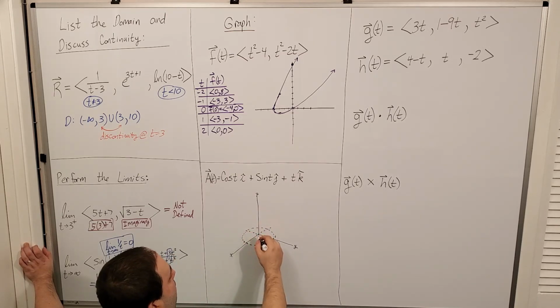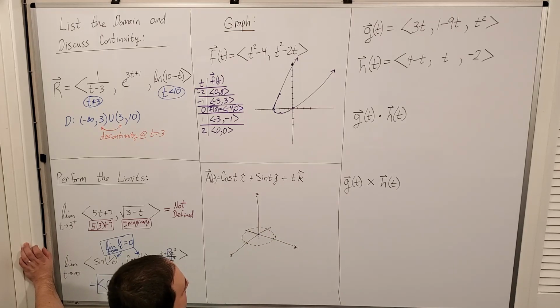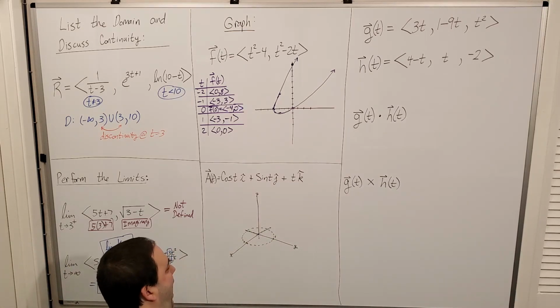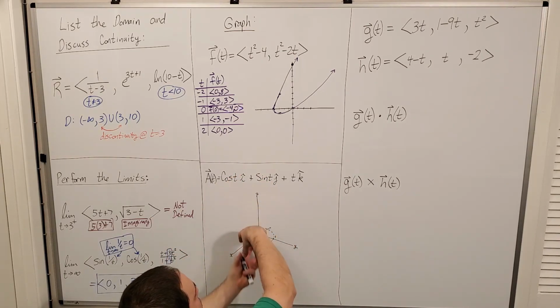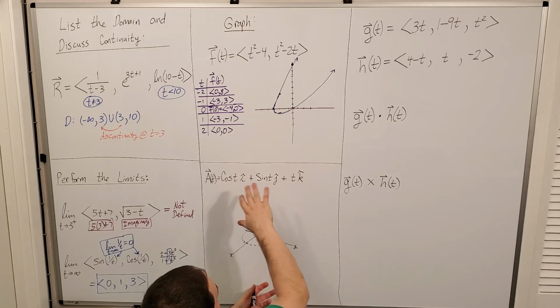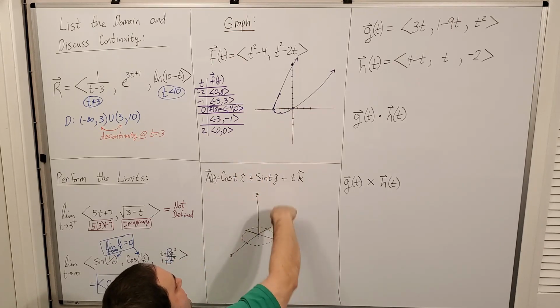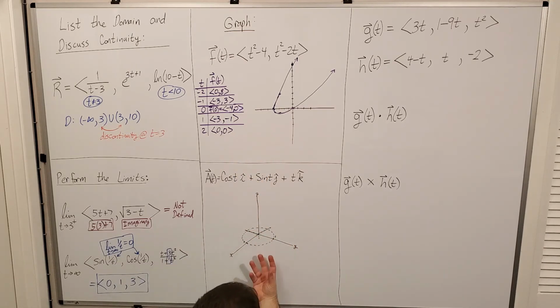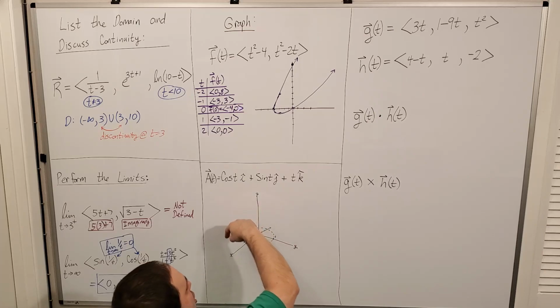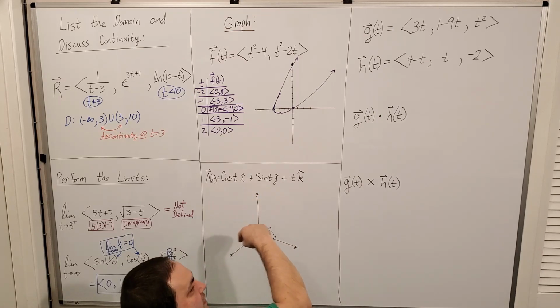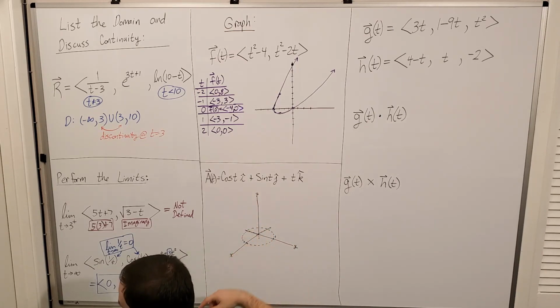It's going around inside of the xy plane there. Then the graph is going to be inside of the cylinder housed around that circle, right? If you look from above, all you're going to see is the circle. If you look from below, all you're going to see is the circle. So imagine this cylinder here. Basically, this curve is just going to be like wrapped on the surface of that cylinder, going around and around.